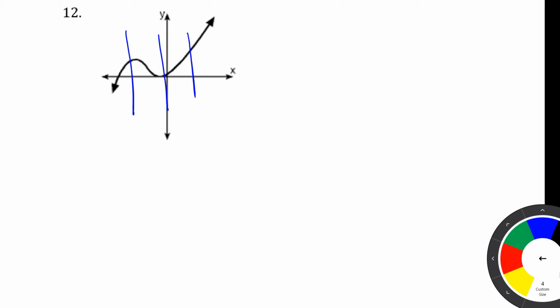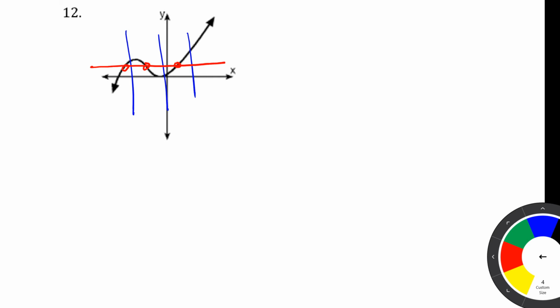This graph, however, fails the horizontal line test. See how if I draw a horizontal line, that red line there, it crosses the graph 3 times. To pass the horizontal line test, it has to cross just once. So because this function fails the horizontal line test, we know it's not one-to-one because there would be repeated y values.